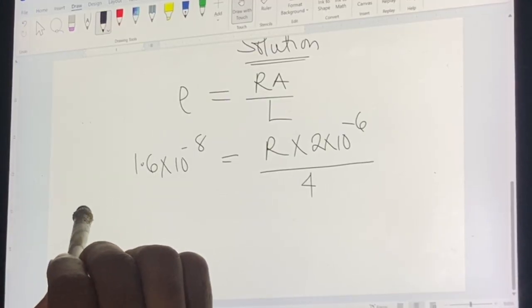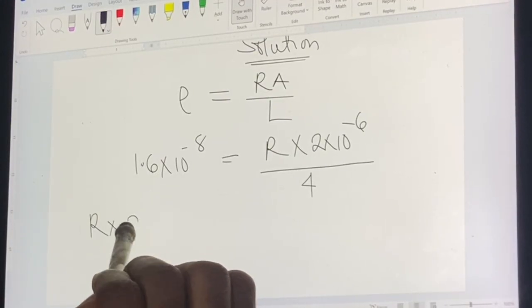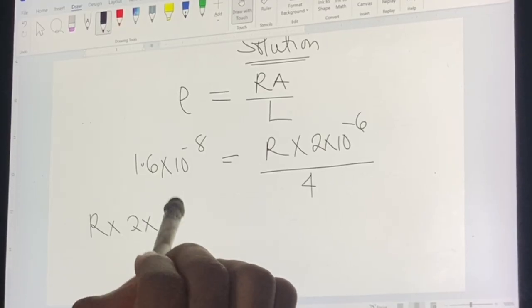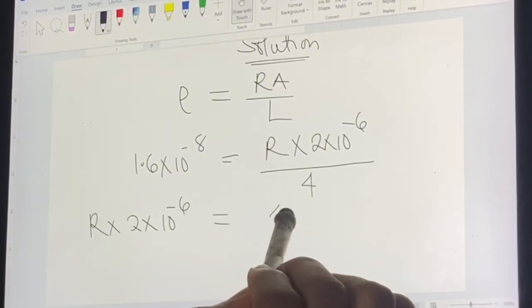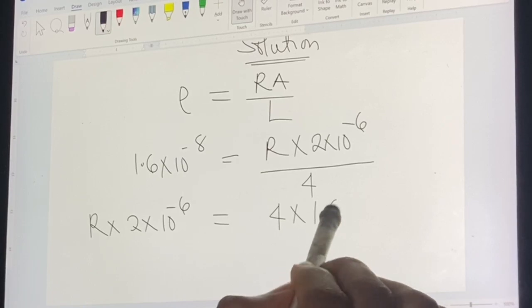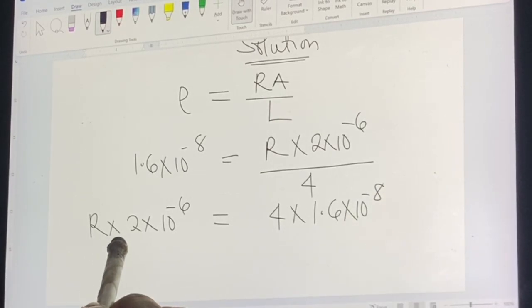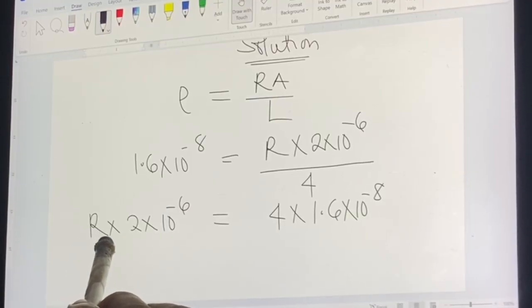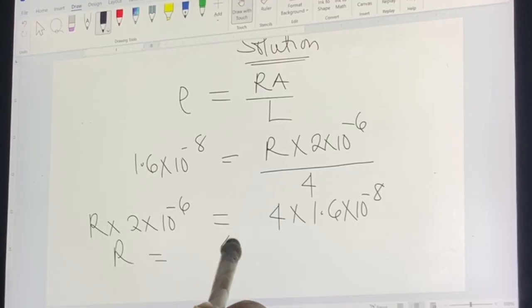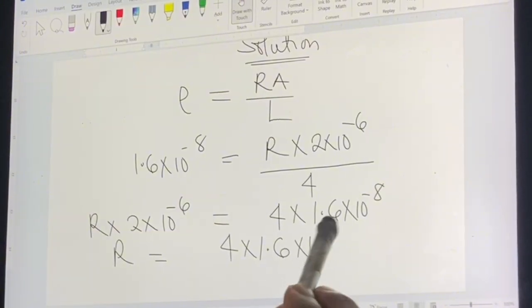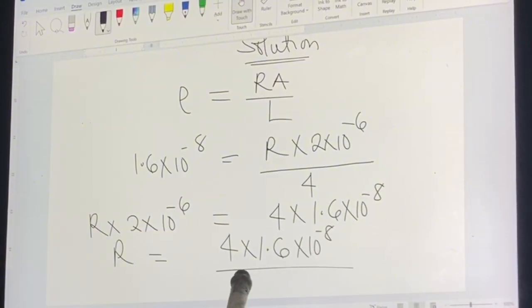When you do that, this will be R times 2 times 10 raised to the power of minus 6 is equal to, class, 4 times 1.6 times 10 raised to the power of minus 8. So divide both sides by what is attached to R here, which is 2 times 10 to the power minus 6. So our R here will be equal to, class, 4 times 1.6 times 10 raised to the power of minus 8 over 2 times 10 raised to the power of minus 6.